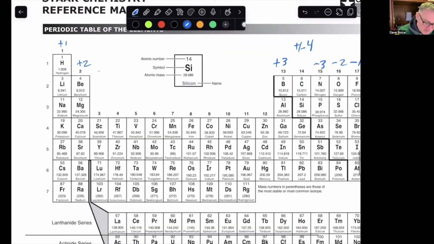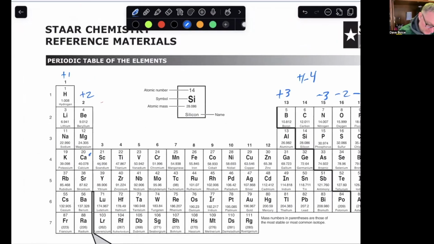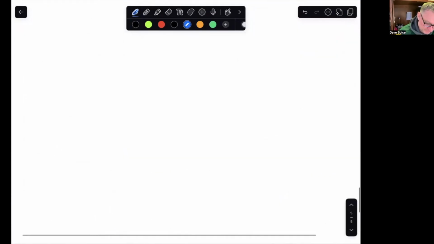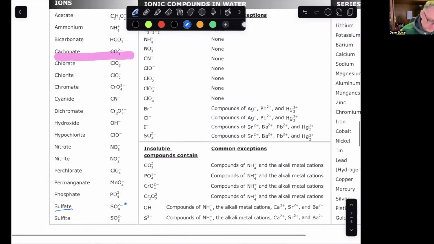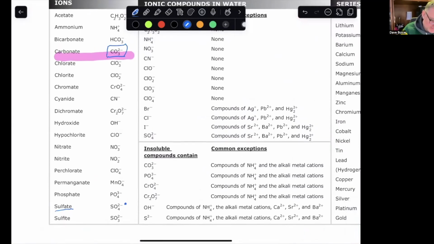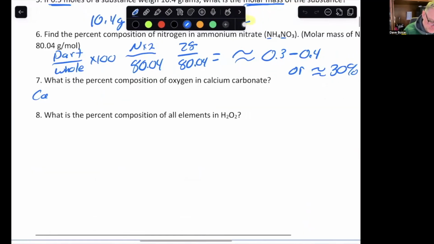So what I wanted was calcium carbonate. So here's calcium, which has a +2. And let's see if we can find carbonate somewhere. Oh, there it is. We already found it once today. And that's a CO3 with a -2 charge. So let's get back to where we were.